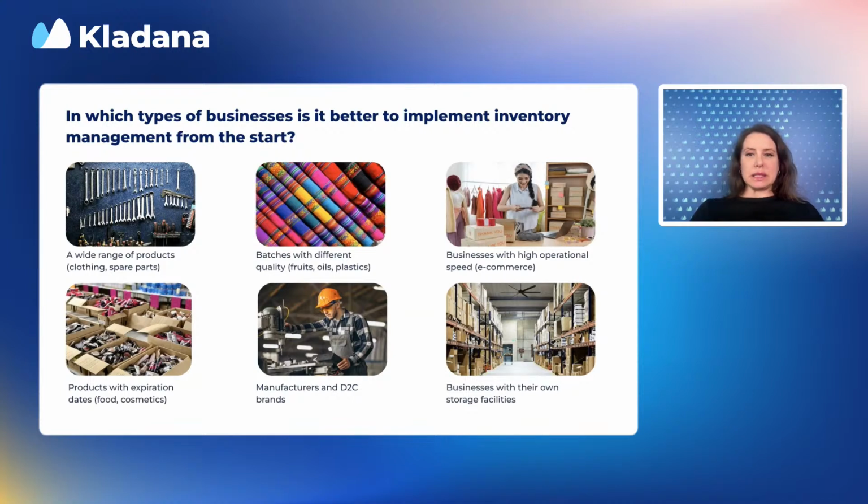Another type of business is manufacturers. Why? Because in general, manufacturing is a rather complex business: besides purchasing, selling, and other internal operations, you have to manufacture, and it's not so easy. And that's why, when the processes are complicated, inventory management helps to simplify at least part of them.